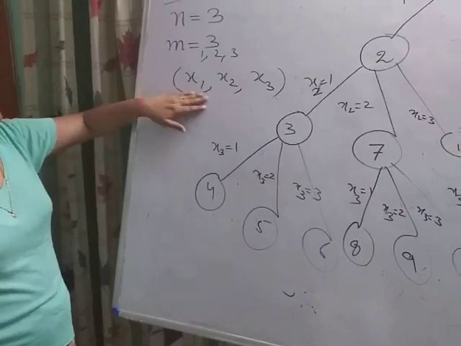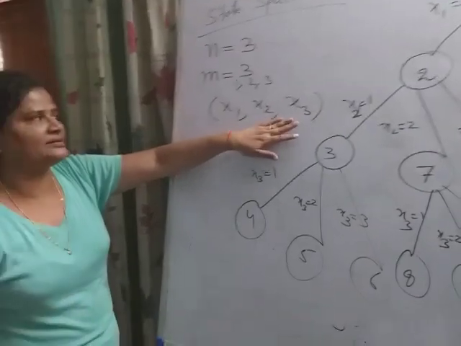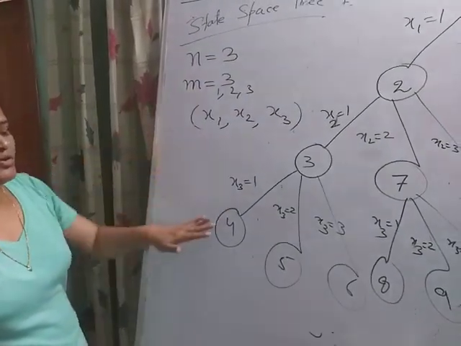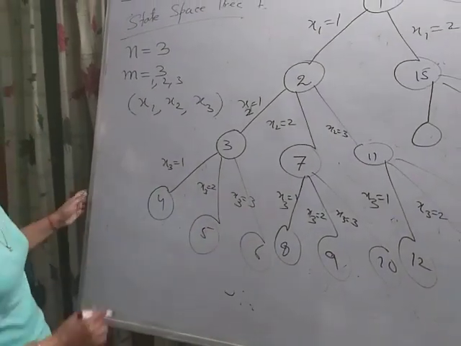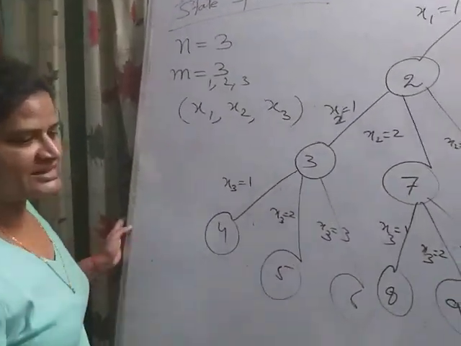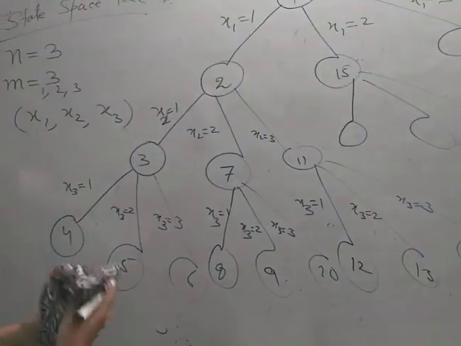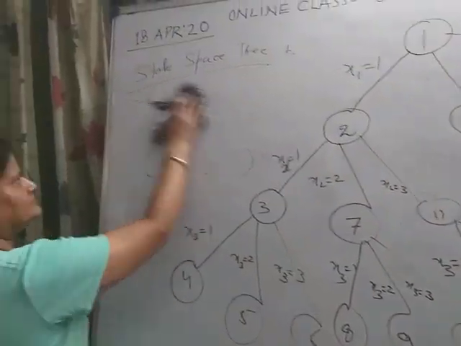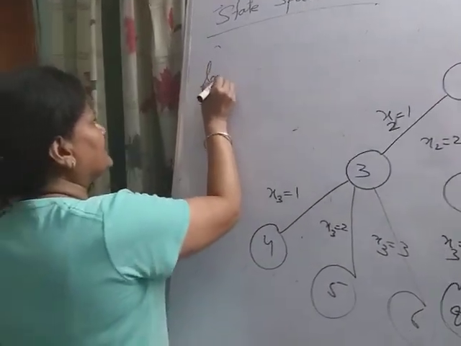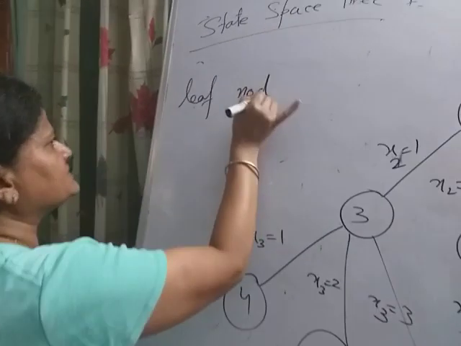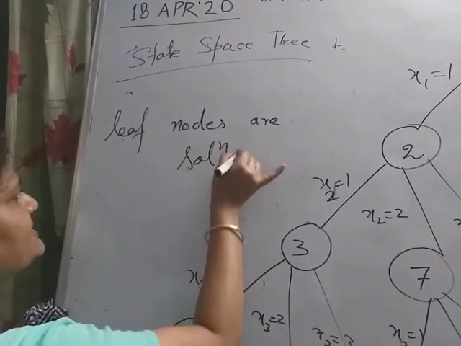So here the solution space contains how many elements? The n number of elements. So here the solution states are leaf nodes. For this graph coloring problem, leaf nodes are solution states.